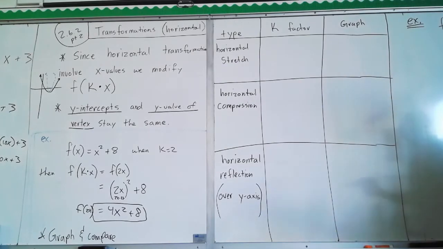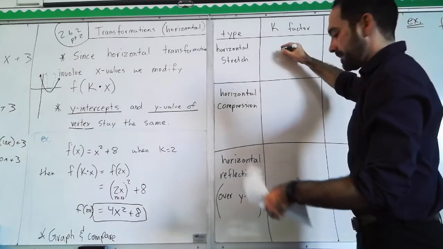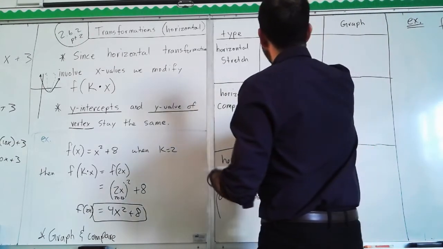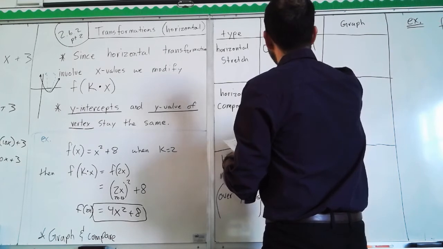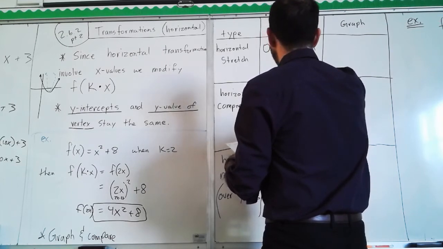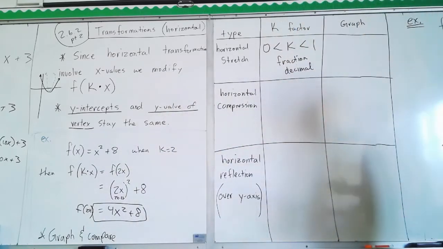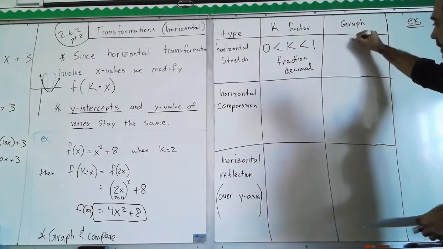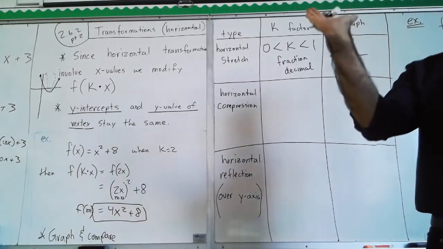When we have a horizontal stretch, we end up having a k factor that is a fraction or a decimal. Really deja vu, right? So if I had a graph that had a horizontal stretch, it's stretching it towards the sides, right?